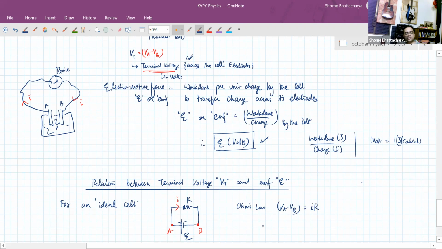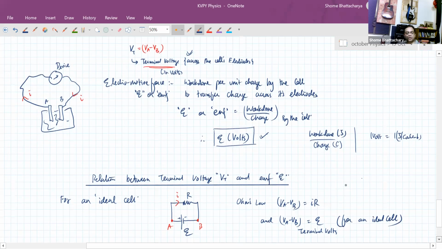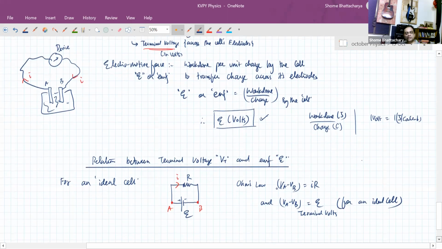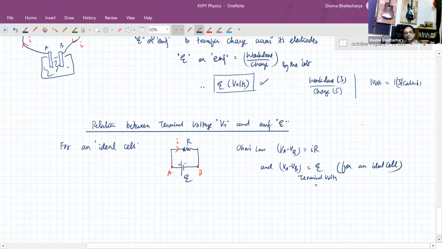But here you can also see the potential difference, which is basically the terminal voltage for the cell, becomes equal to EMF for an ideal cell, because an ideal cell does not have any internal resistance. That is a property of an ideal cell. So comparing these two equations, you can see that E is equal to IR.